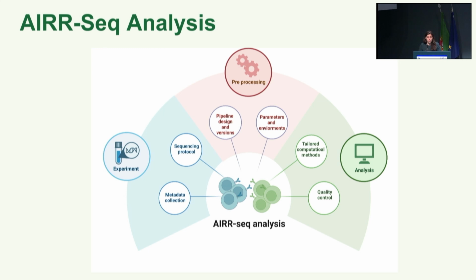And the last is what we call the analysis, where we have tailored computational methods and quality control over our data, and we can dive into the analysis and also get the results. So essentially, these three blocks hold a lot of small challenges.